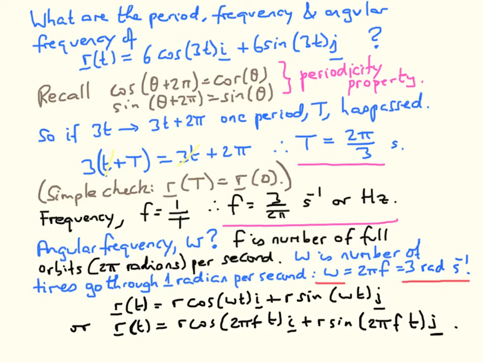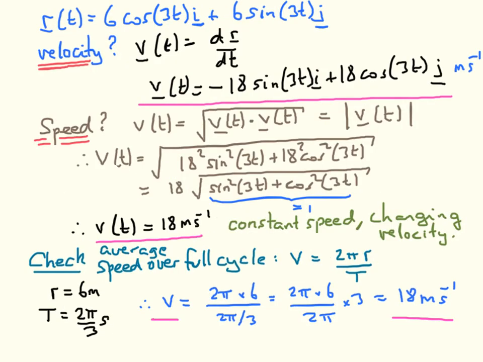Okay, let's move on to the next part. In the next part we're asked to calculate the velocity and speed, and velocity is given by the derivative of the position vector with respect to time.